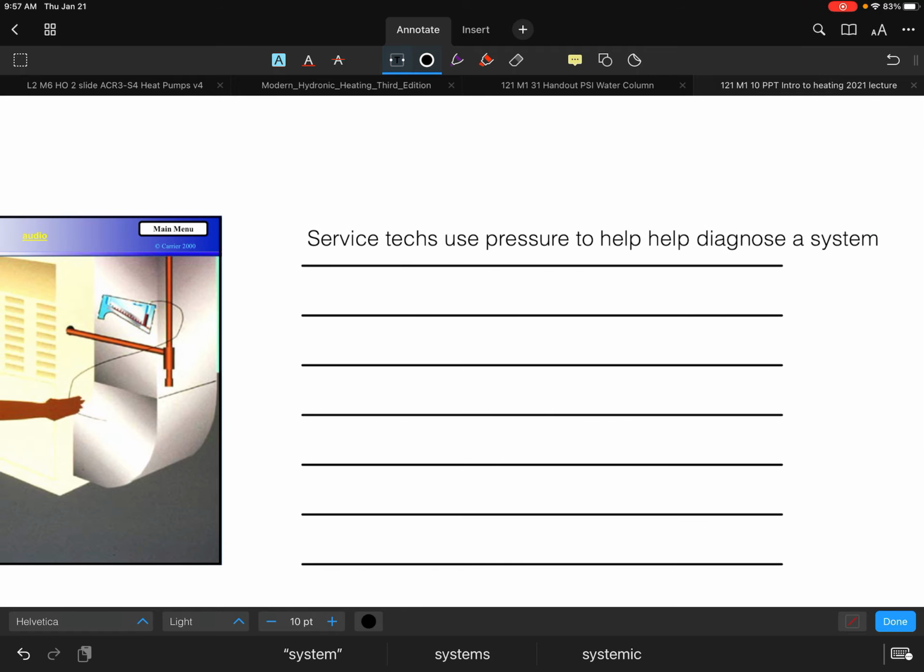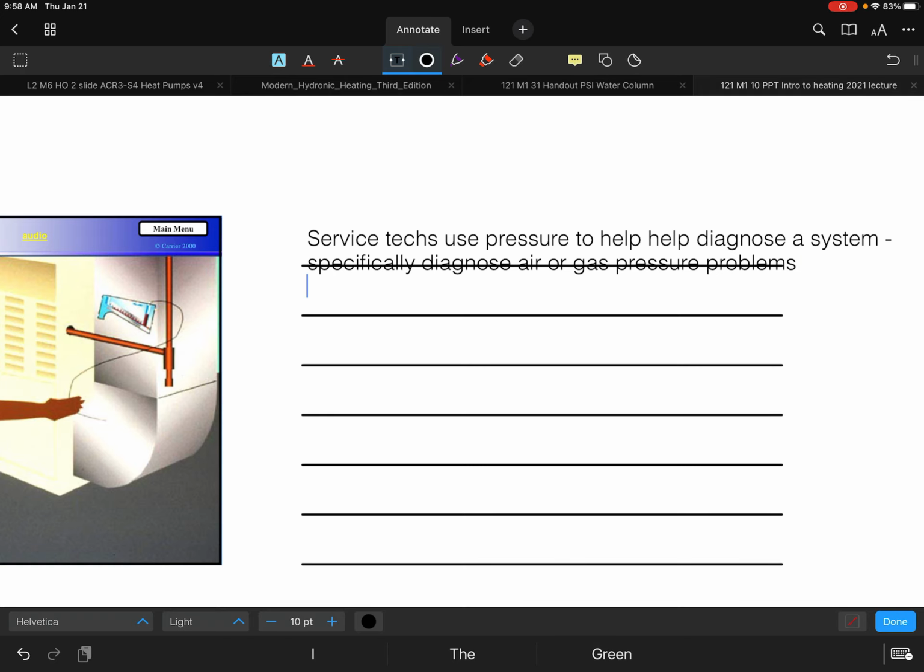Specifically, I would say we use it to diagnose any type of air or gas pressure related issue. It could be any of those that we deal with. So primarily that's normally what we do.